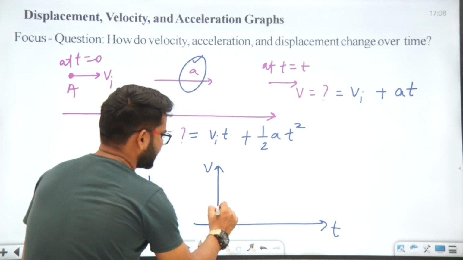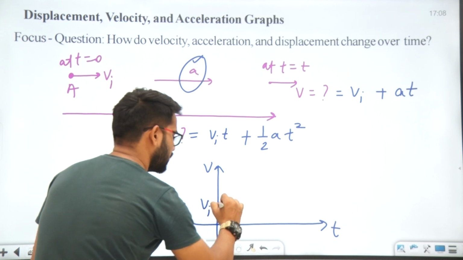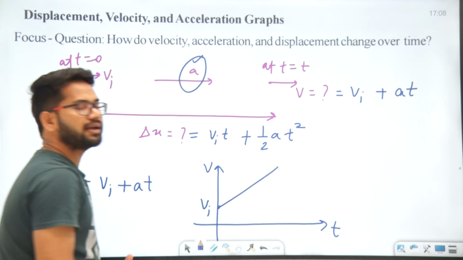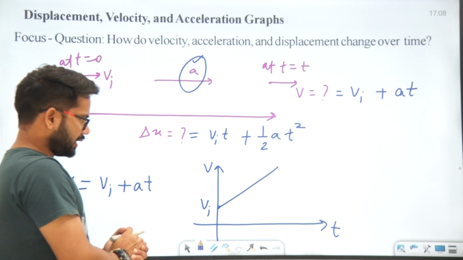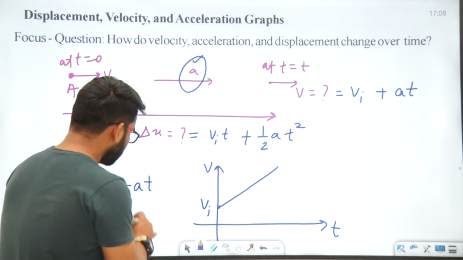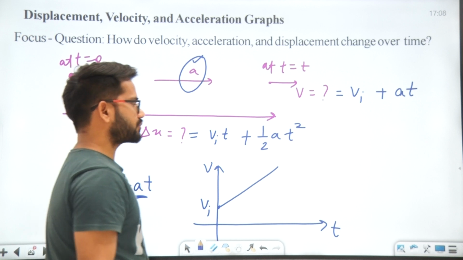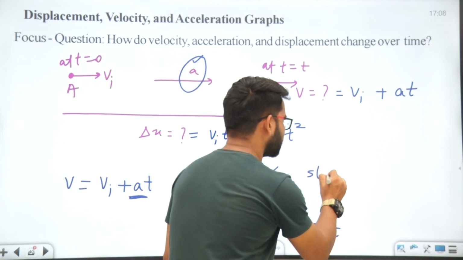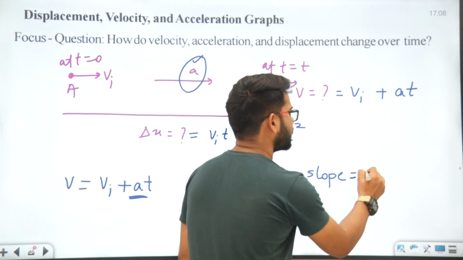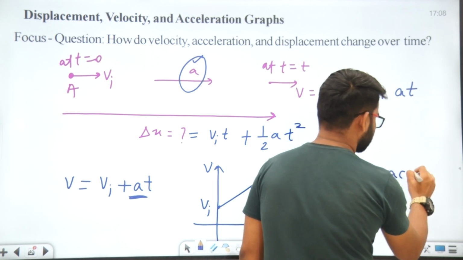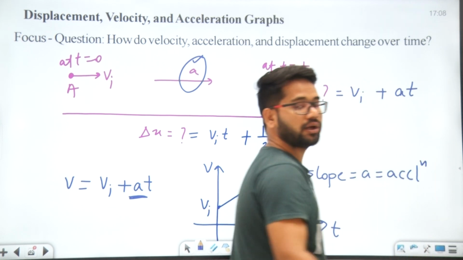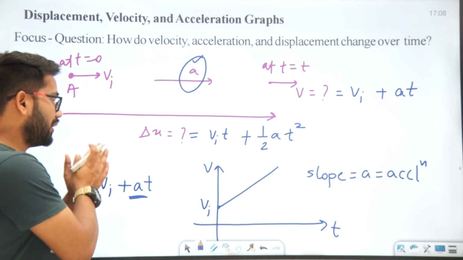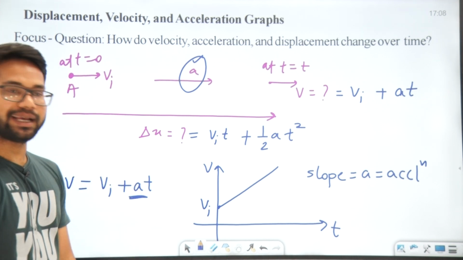Let's say the initial velocity is vi, then its graph will be like this. Here students, you will see the slope of this graph is a, and that's the acceleration. That means the slope of the velocity-time graph will give us acceleration.